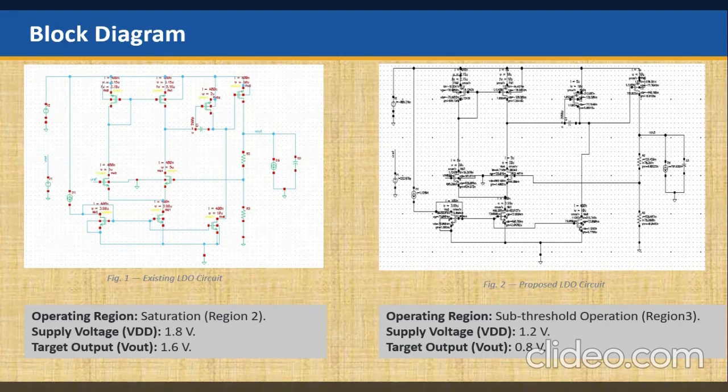Finally, I innovated the feedback network by using a mega ohm resistor. So in my proposed LDO circuit, the resistor values are in mega ohm to effectively choke the static leakage, allowing the circuit to operate at nanoampere scale.